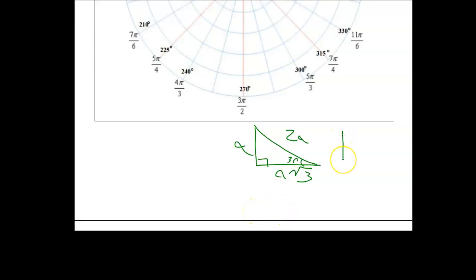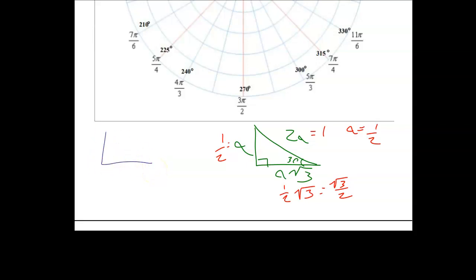So if my hypotenuse is 1, we'll say 2a is equal to 1. That means a is equal to 1/2 when I solve that, right? So we get 1/2. And then this side would be 1/2 square root 3, or square root 3 over 2. Right? So there's a nice little reference triangle. And it's going to match our triangles from the unit circle.